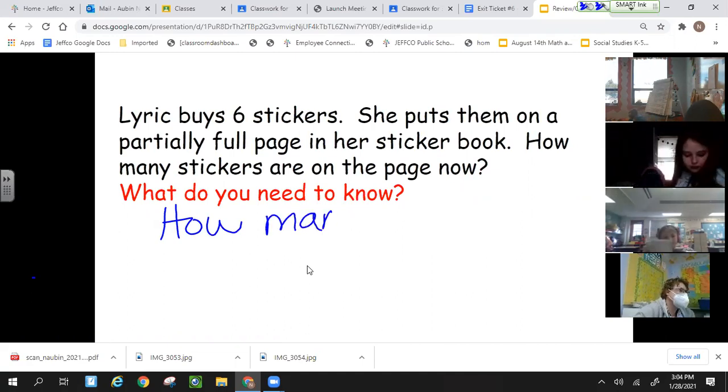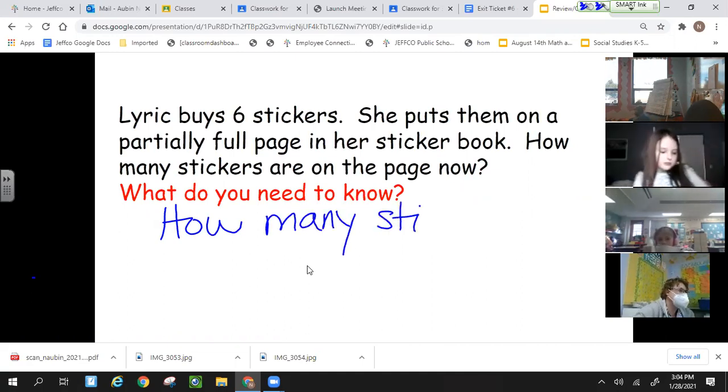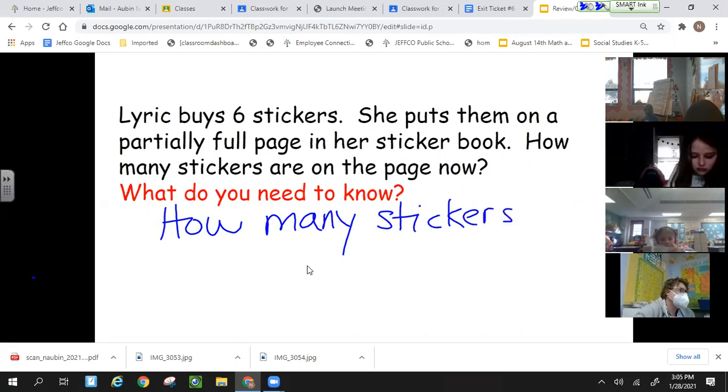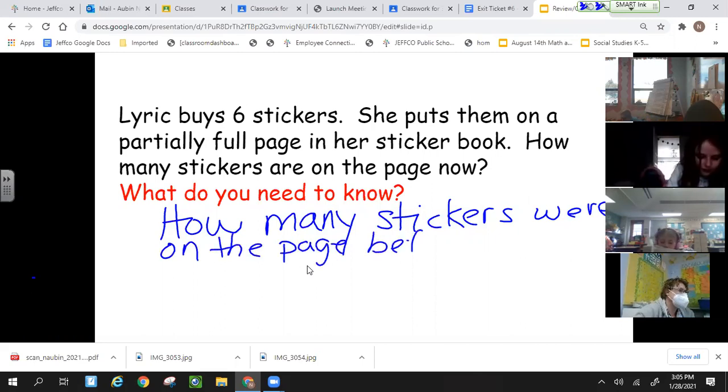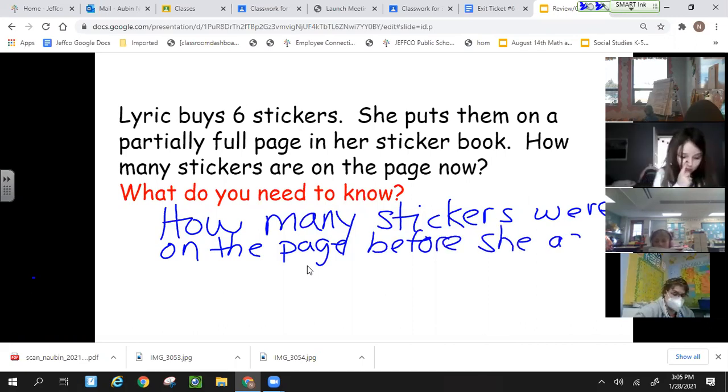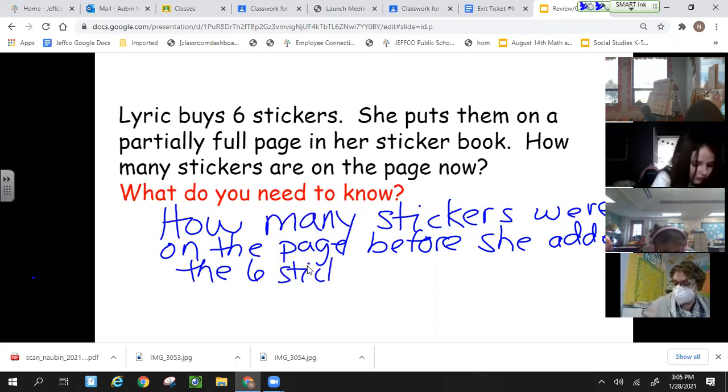What does that mean? How many stickers were on the page before she added the 6? Okay, so that's what we want to know.